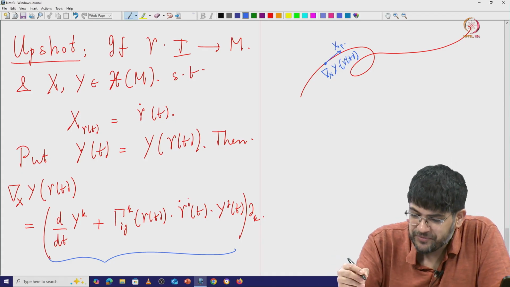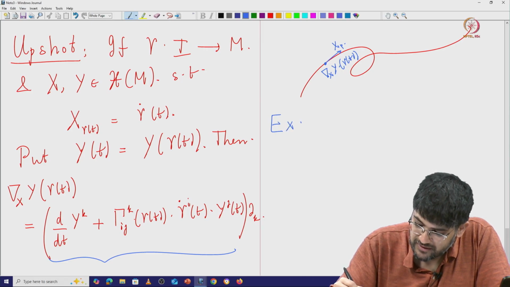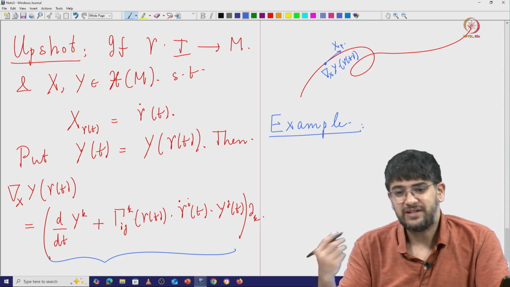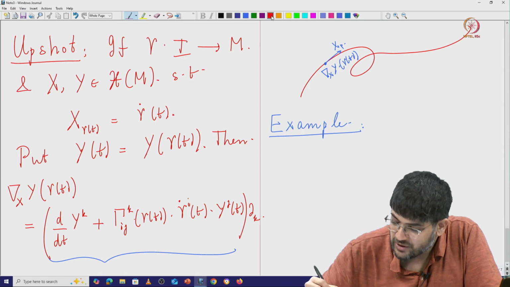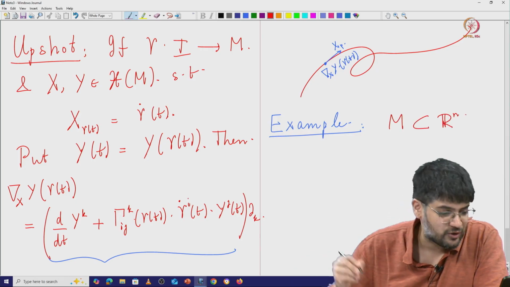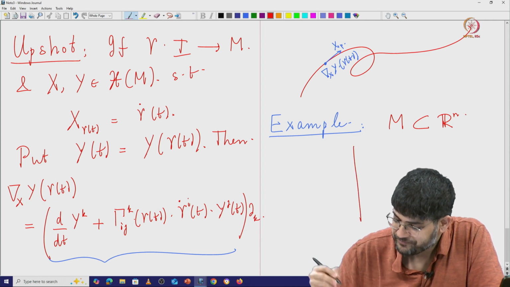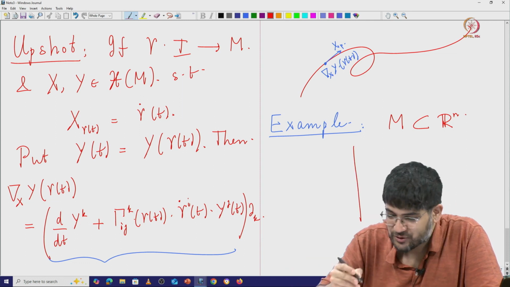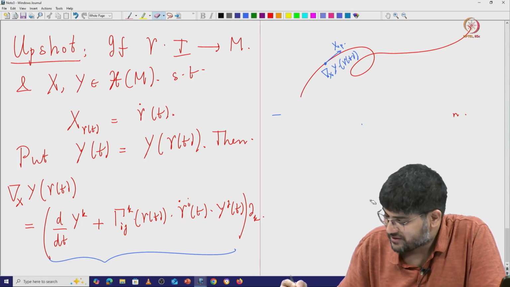Alright, so maybe let me end today's lecture by giving you an example of a very general construction of connections. So let M be a submanifold of R^n. So let me draw a picture. Actually, since this is going to take up some space, let me just do it on the next page.